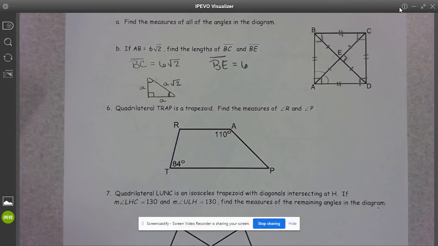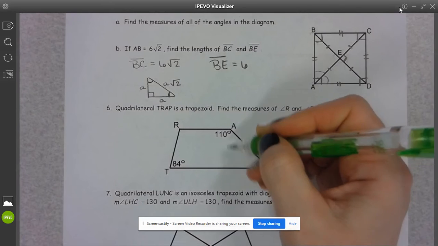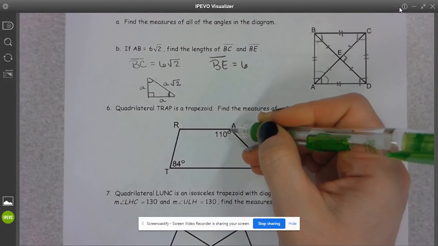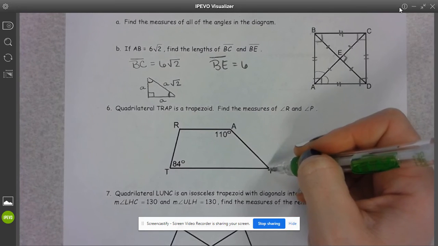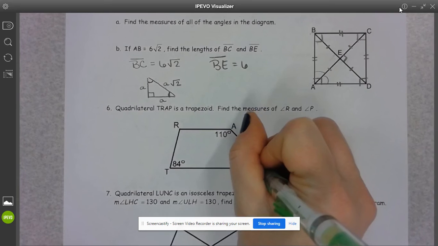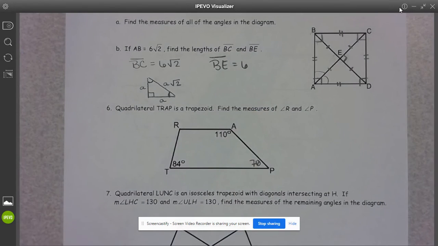So I need to find the measures of angles R and P. Well, I know since these two lines are parallel, that 110 and whatever angle P is need to add up to 180. So angle P has to be 70 degrees.